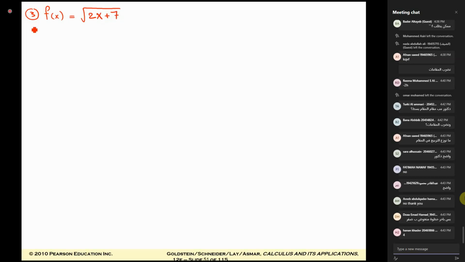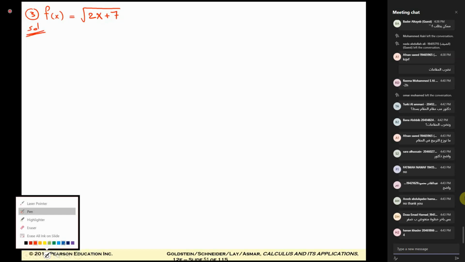The solution: in the radical, we must multiply numerator and denominator by the conjugate.